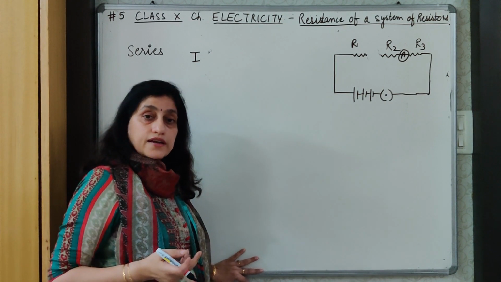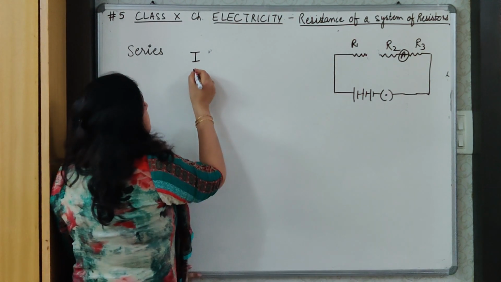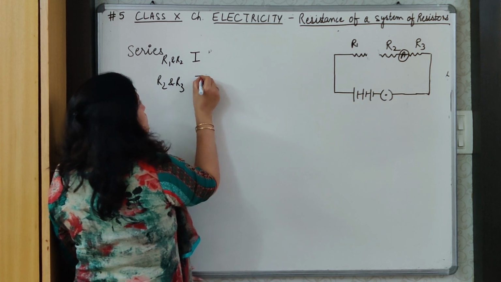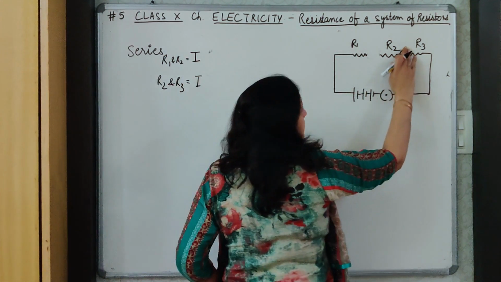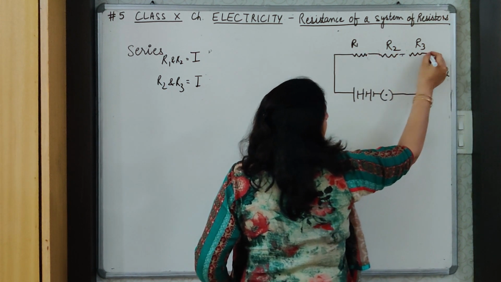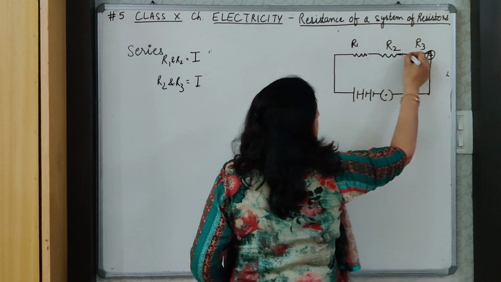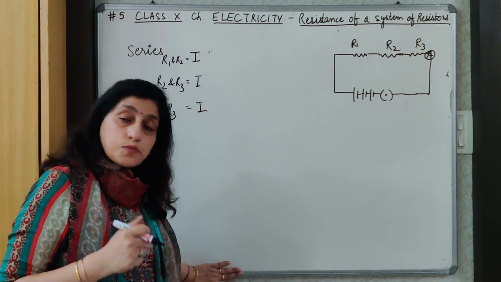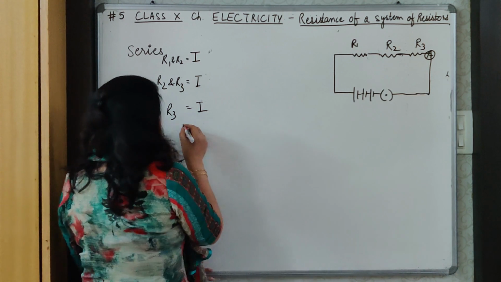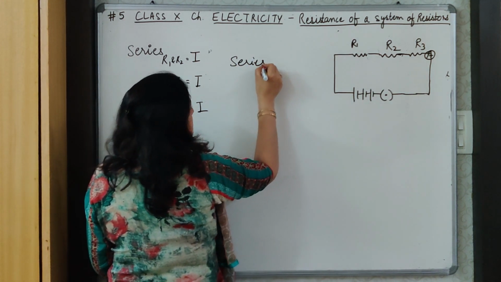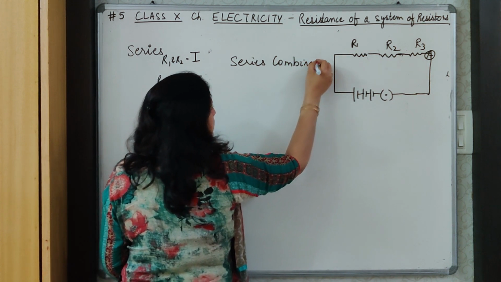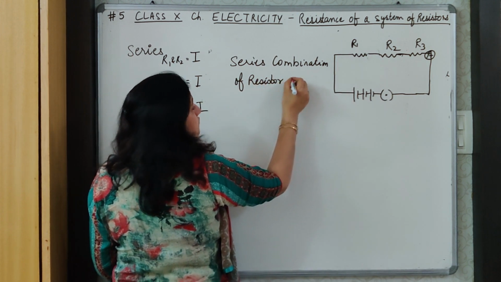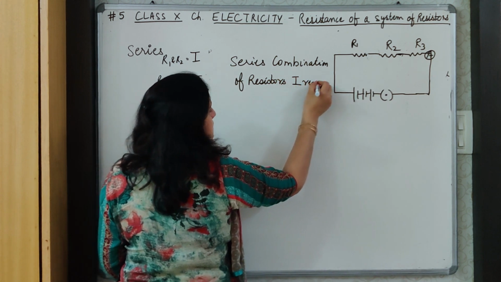Again we note the value of current, and it is observed that here also, between R1 and R2, and between R2 and R3, the value of current is I. And then finally when we connect the ammeter after R3, then also we find the value of the current to be I. So from this part of the experiment we can conclude that in a series combination of resistors, the value of current remains the same.